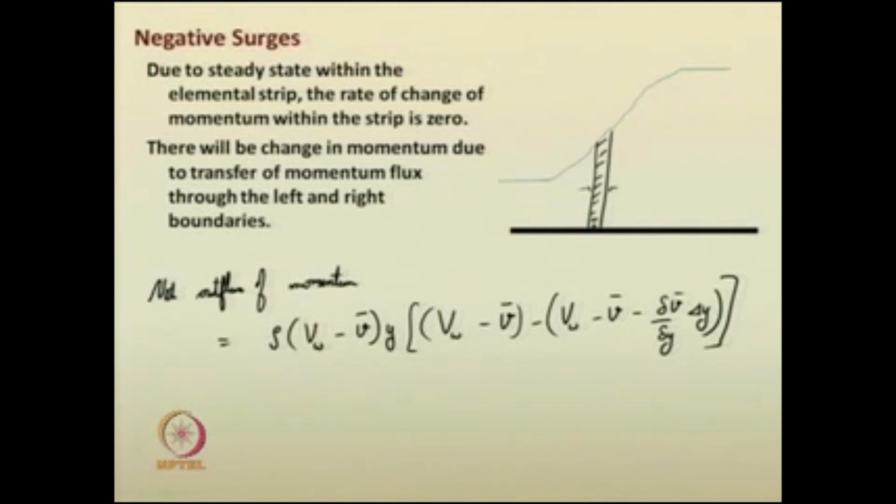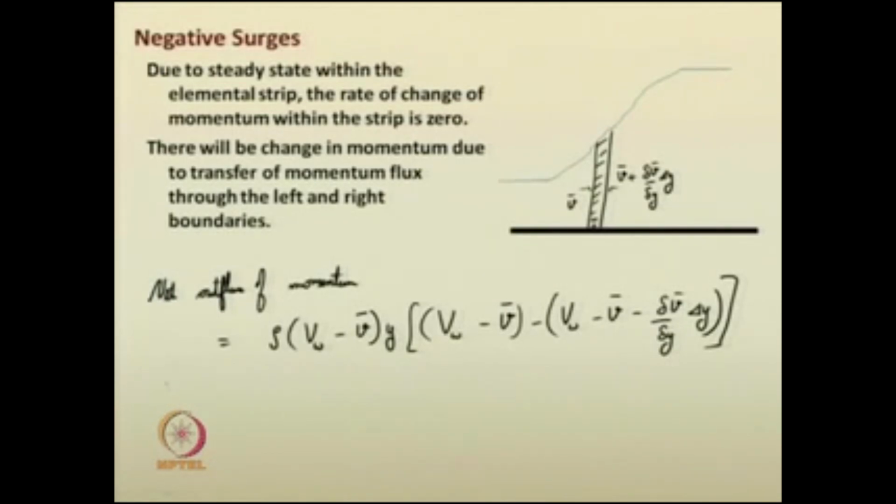You know the velocity at this location is V bar plus del V bar by del y into del y. Here this is V bar, you know those things, right. So, again you are using the relative frame reference or the moving frame reference. So, you are getting the momentum equation in the following form. Cancel the terms, rearrange the terms, what will you get?